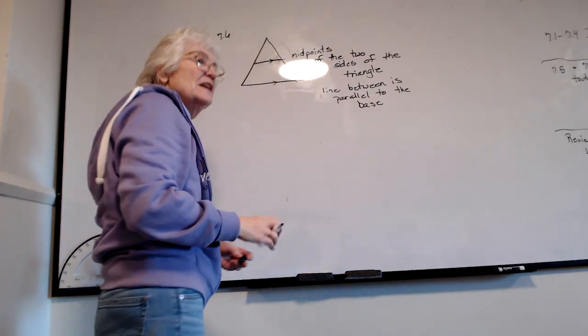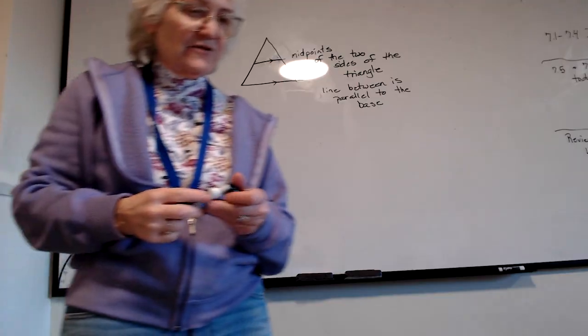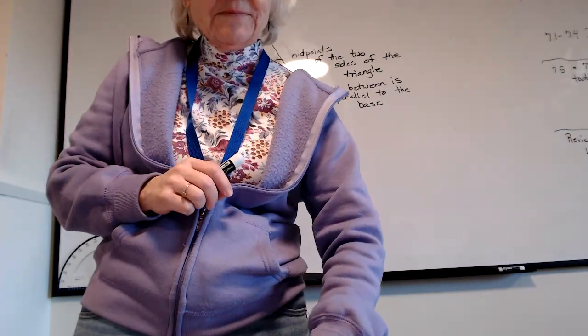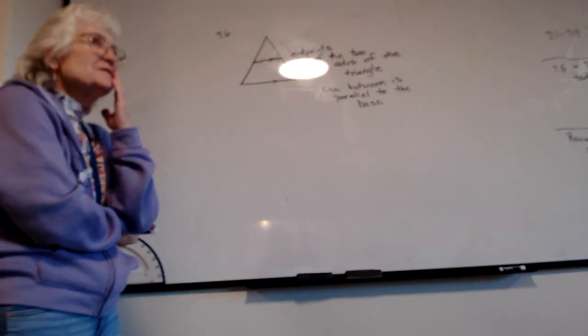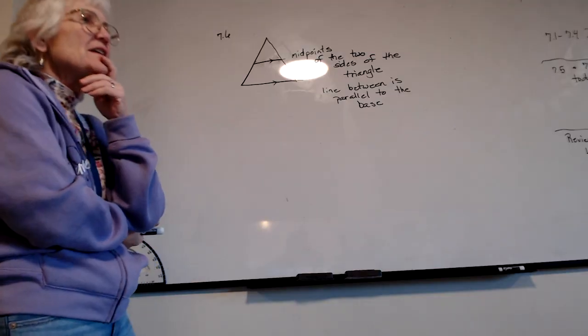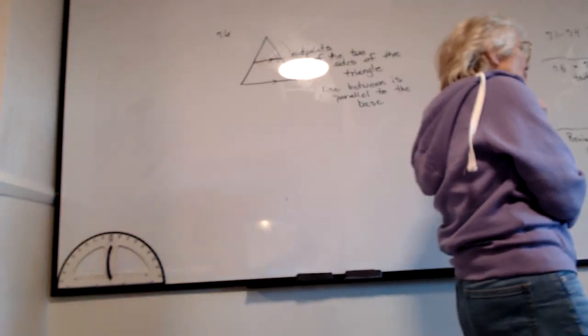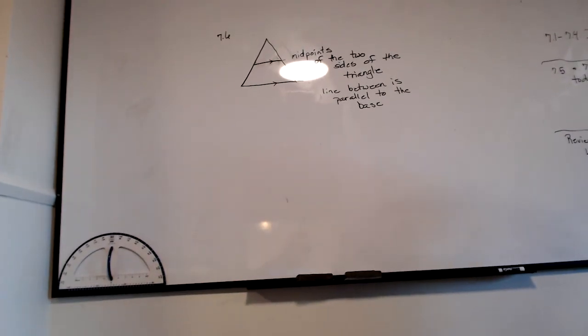Does that work for any triangle? Draw a couple triangles and see, does that work for any triangle? I think it would have to be isosceles or equilateral. I'm asking you, draw some pictures and see. Draw some different triangles, see if I connect the midpoints of two sides, will it always be parallel to the third? Draw any triangle.